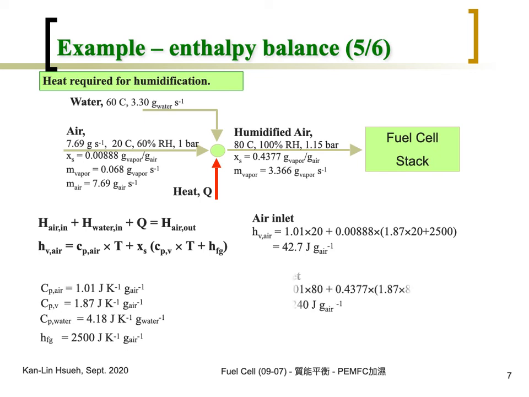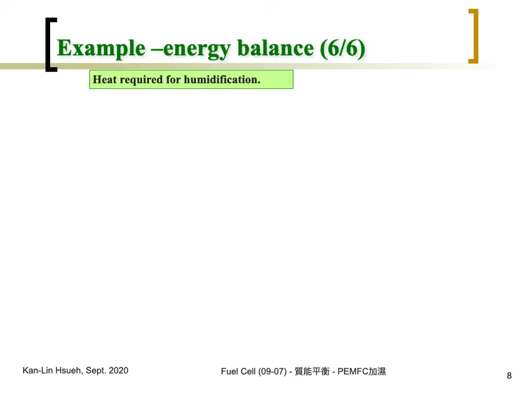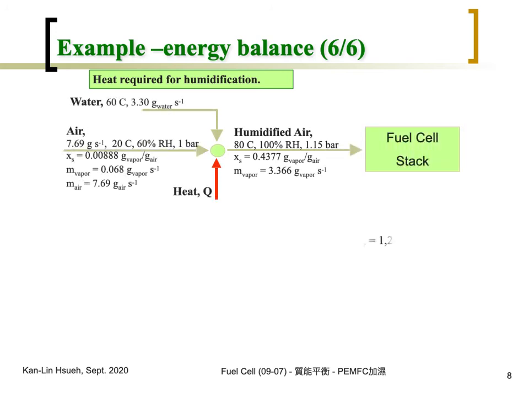Then similarly, we can calculate the air outlet. There's a different temperature and the amount of water content you can calculate. Then the water inlet is given by this equation, the specific heat times the temperature. So with this all in mind, we're able to calculate the enthalpy. Then we can calculate the heat required.